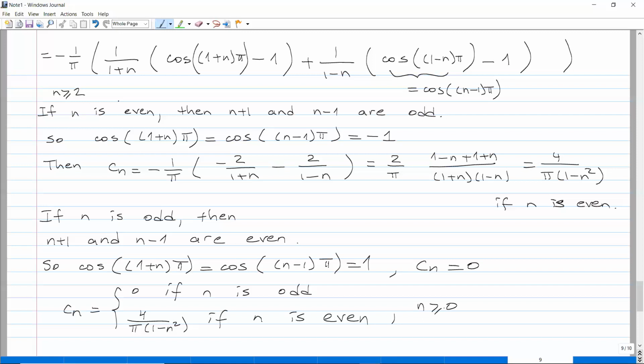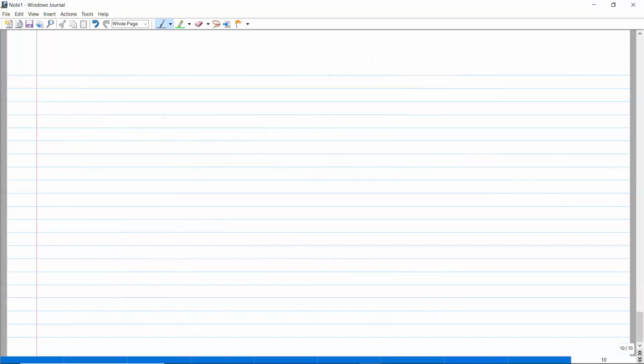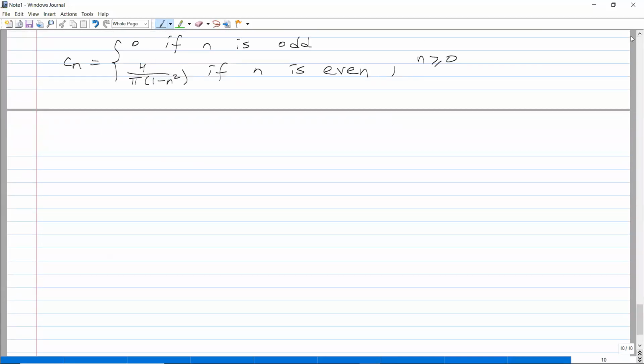n even means, okay, let's see, n even, so I can write n as 2k. Then C of 2k is 4 over pi times 1 minus 4k squared. Okay, so I can write my function. Remember C0 over 2.